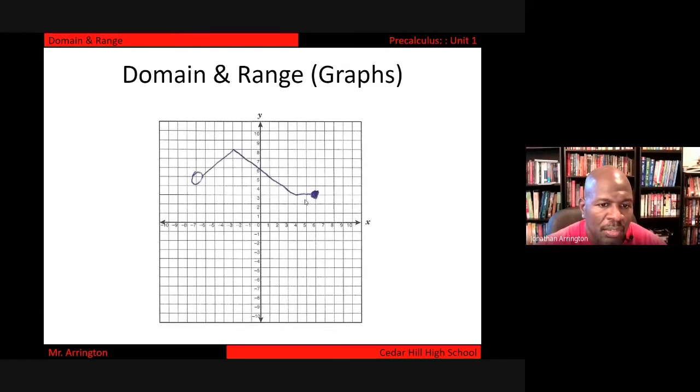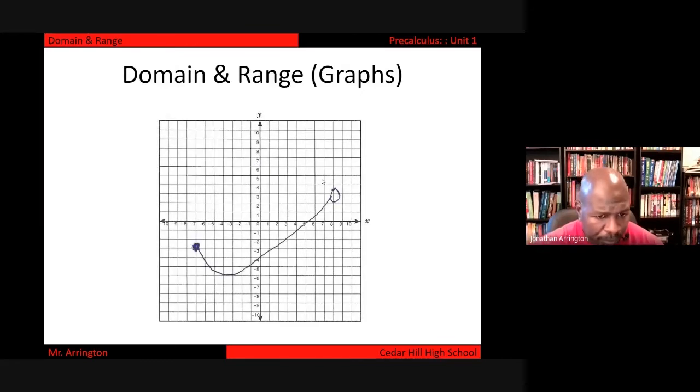So our next graph, again, we're just looking at the bottom endpoint. So the bottom endpoint is 3. This is the lowest point of the graph. The top endpoint is 8. So we're going from 3 to 8 with brackets. Again, if you don't see an open circle, it's understood to be closed or included.